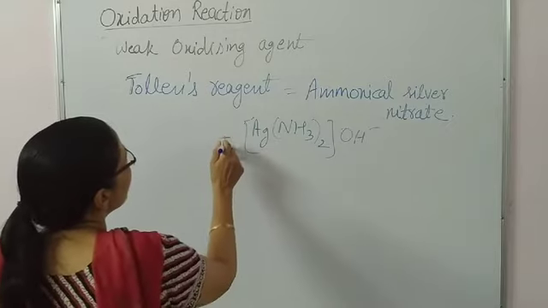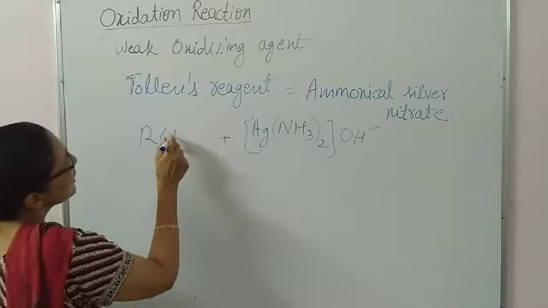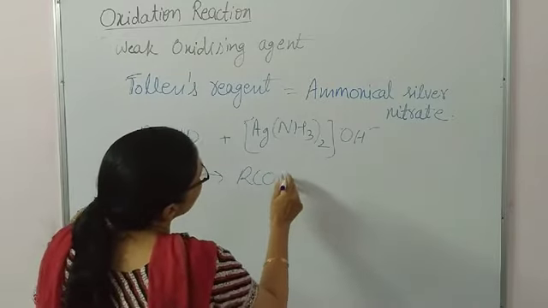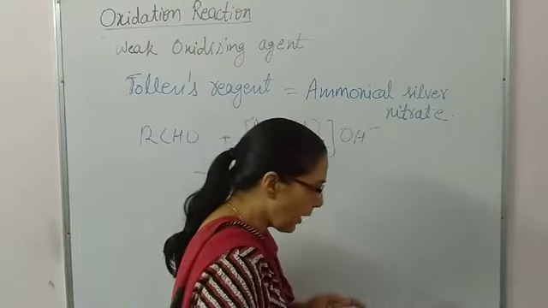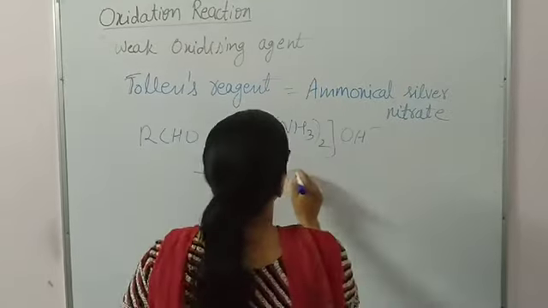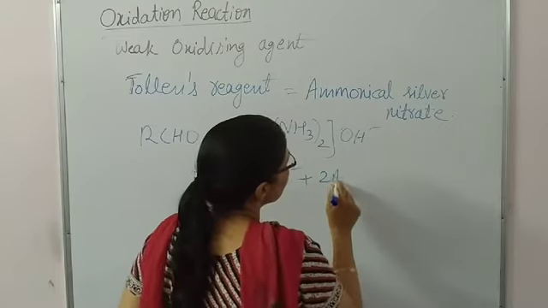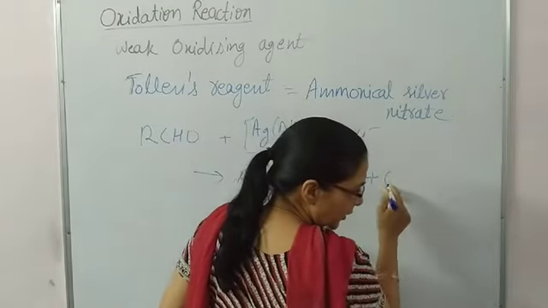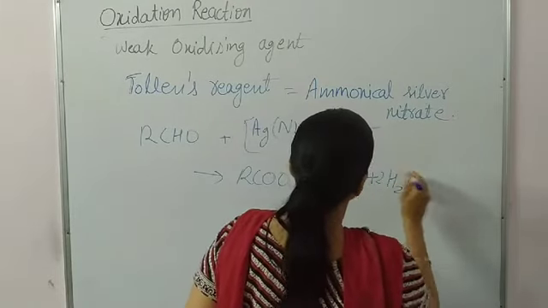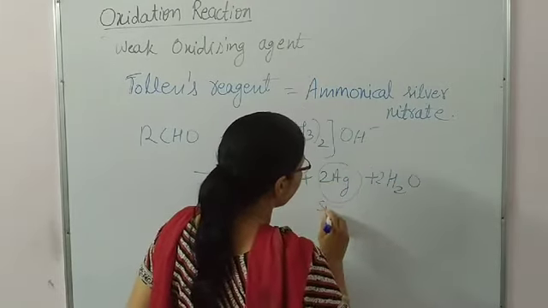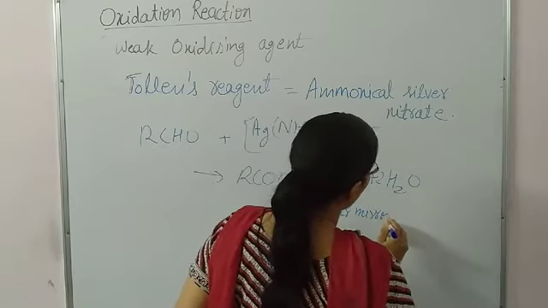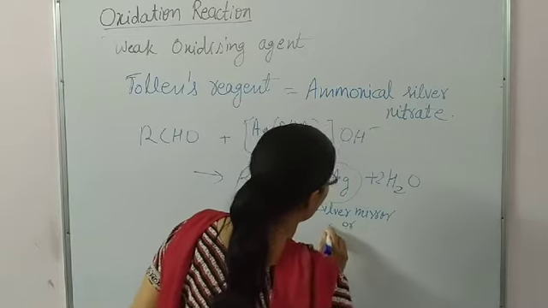When Tollens reagent reacts with RCHO, the products will be RCOO- plus 2Ag plus H2O. So you will get a silver mirror, or you can say a grey colored precipitate.